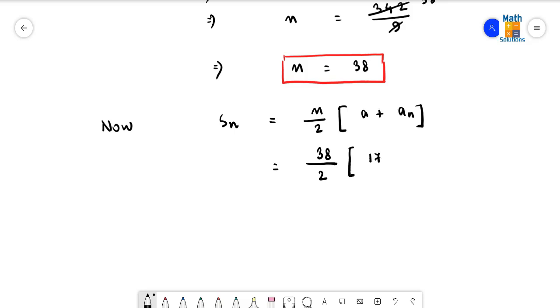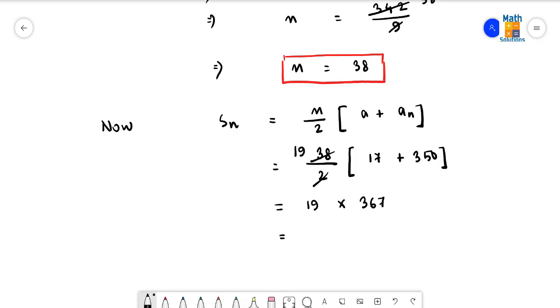in place of a it is 17, and the last term is given to be 350. So this is cancelled out, 19 into the result here will be 367.